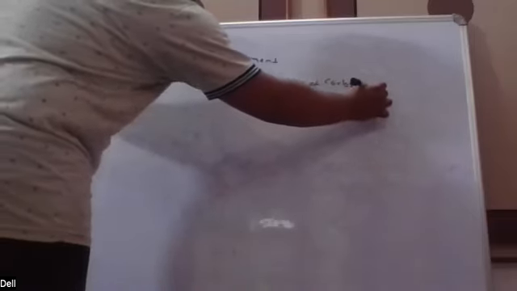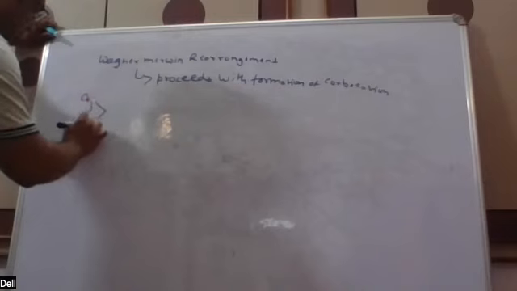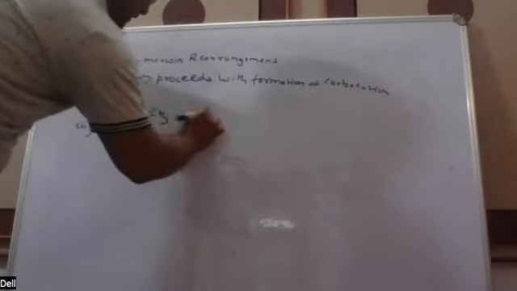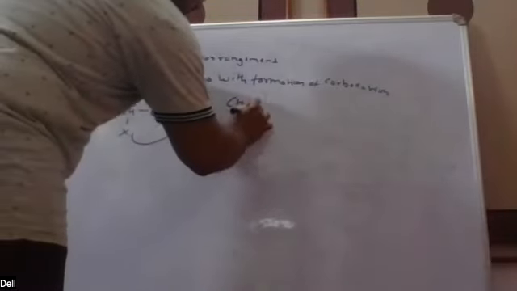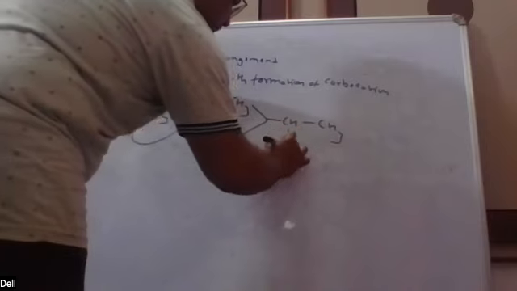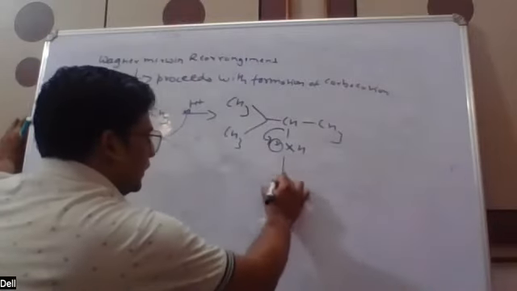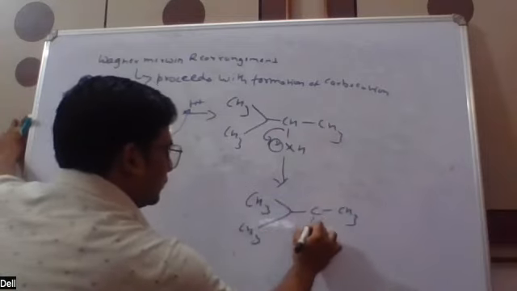Now, the rearrangement that will occur will be as such: if we are having a substrate like this, and if we protonate this substrate in presence of acid, then this X minus will attack this and it will lead to the formation of a 2-degree carbocation.